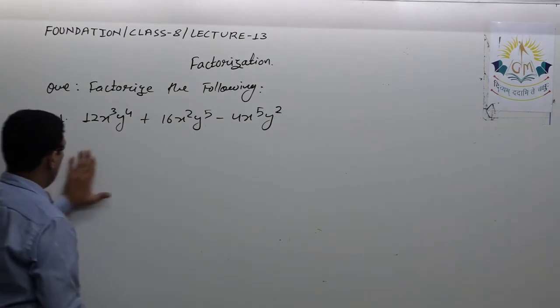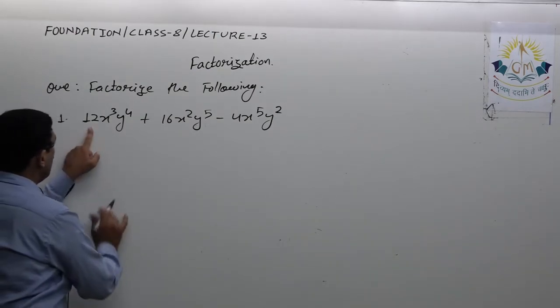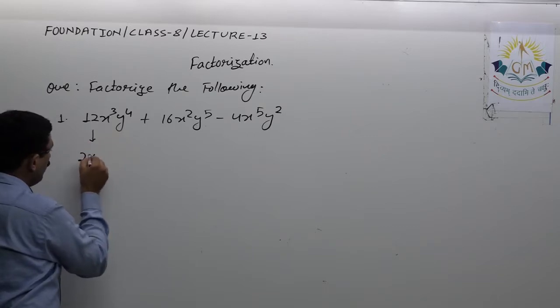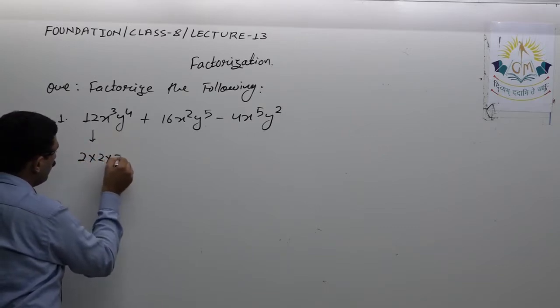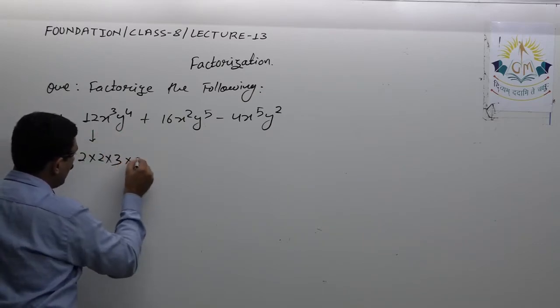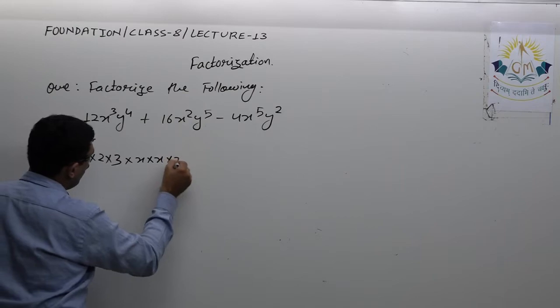For that, let us see, this 12 I can write as 2 into 2 into 3. This x raised to 3 can be written as x multiplied by x multiplied by x.